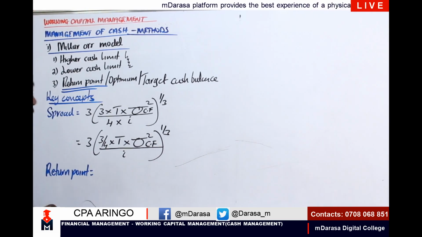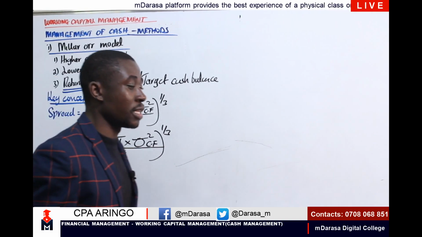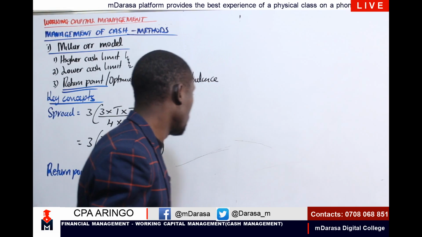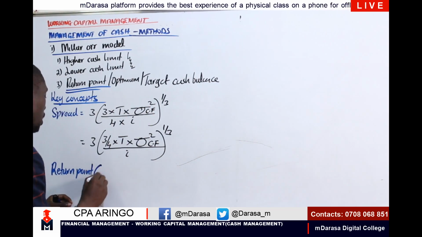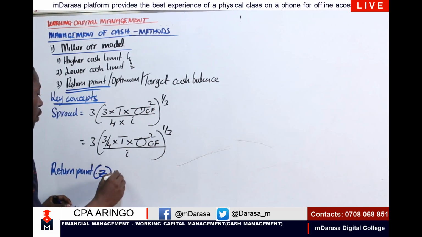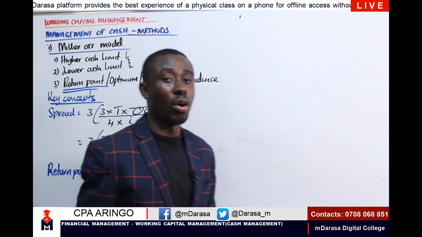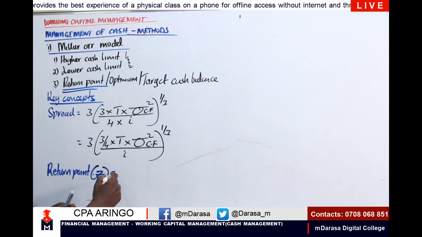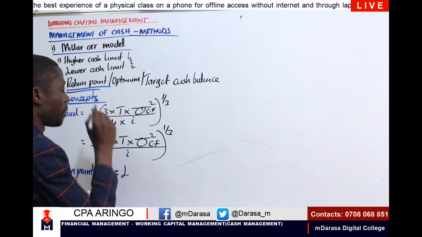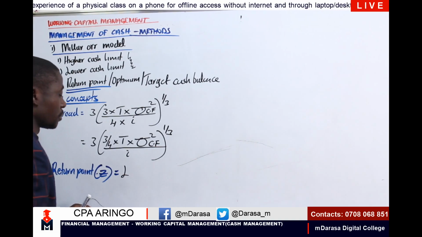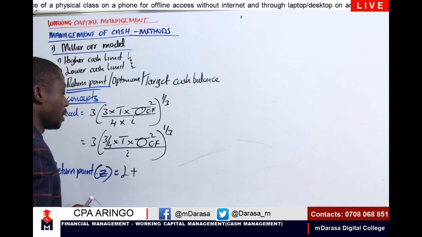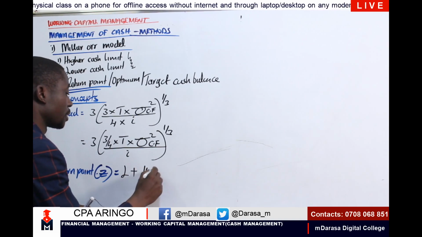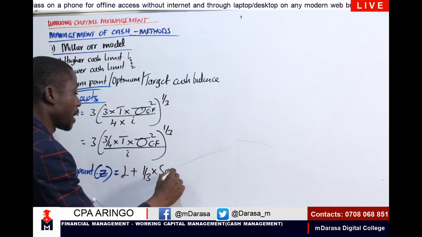As we've said, the return point, represented by Z, will be expressed as a third of the spread. So to determine our return point, this will be very simple because I'll be taking my lower limit and adding a third times the spread.